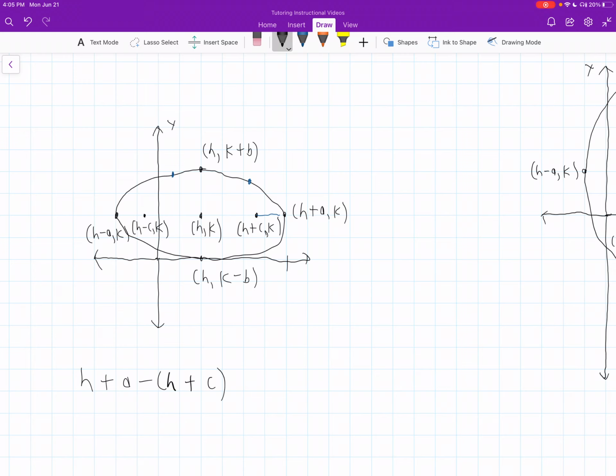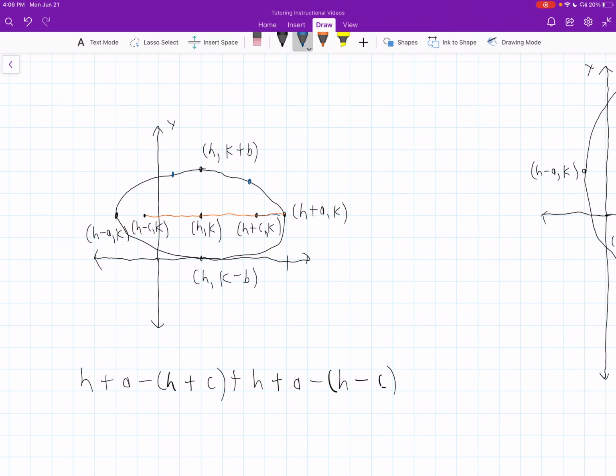Hopefully that's clear. And then if I want to add on the distance from (h plus a, k) to the second focus point that I drew the distance in orange, that will be h plus a, and then we're going to subtract the other x coordinate, minus (h minus c).